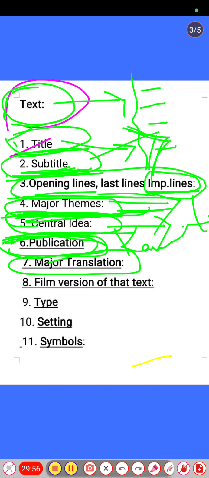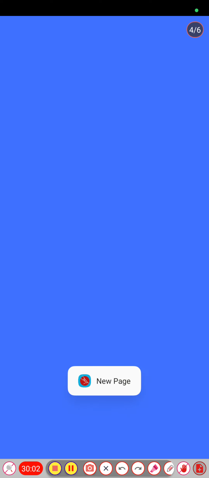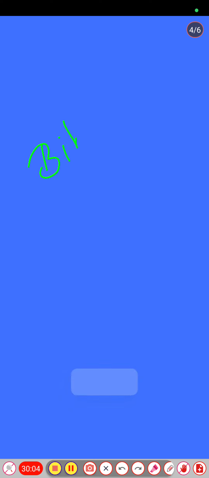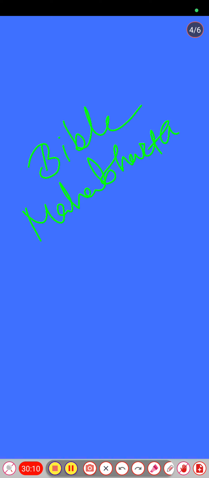After publication, major translations are also important if the author has done it. Just like translation of the Bible is important, translation of Mahabharata, Ramayana is important.